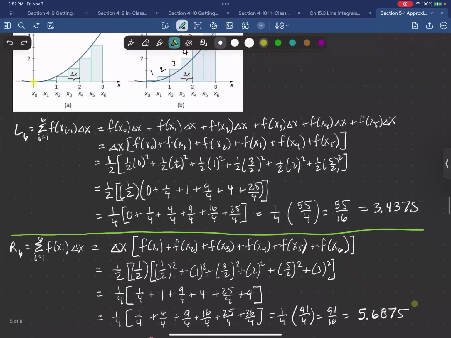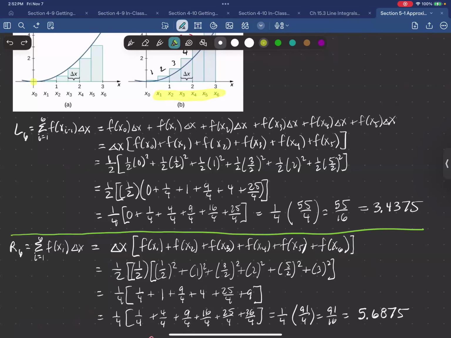If we do R6, we're doing the right endpoints. So I immediately jumped to factoring out the delta x here, but we got f of x1, f of x2, f of x3, all the way up to f of x6. And there's my 1/2 from delta x.